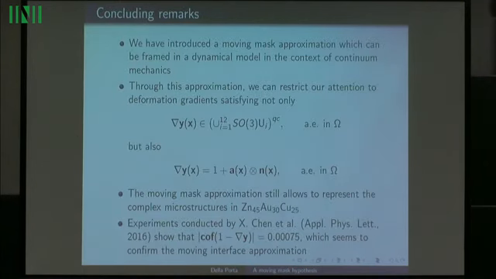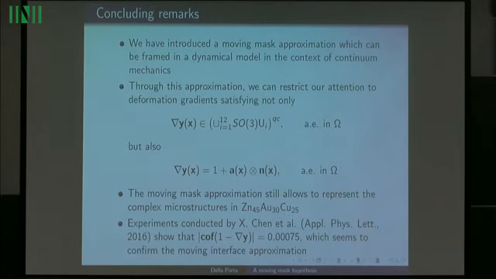So to conclude, we have introduced a moving mask approximation, which is based on an experimental observation on the dynamics of evolution in martensitic transformations, and this can also be framed in the context of dynamics of continuum mechanics. However, as you can easily expect, this framing is not fully rigorous at the moment.